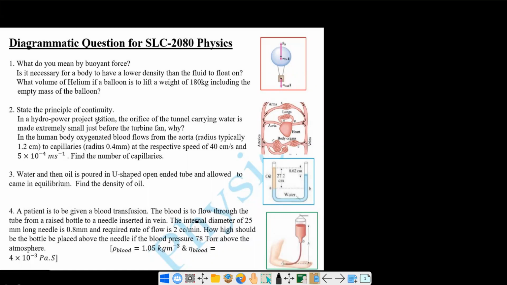In a hydropower project station, the orifice of the tunnel carrying water is made extremely small just before the turbine fan. This is so simple. Suppose this is your reservoir, and from this reservoir a big tunnel is brought, and just near the power station the orifice, that means the opening, is made extremely small.